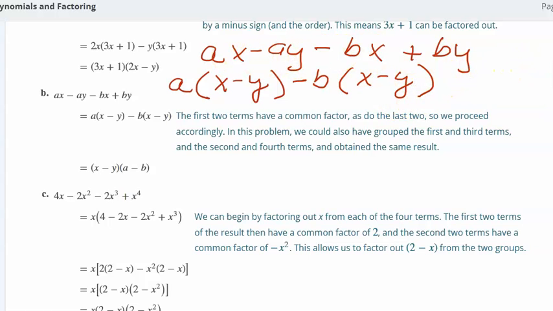They were 4 terms, and we took an A out of the first two, and again a negative B out of the second two to reverse the signs, and then they do it x minus y, and then A minus B. I tend to put these first, but it's fully acceptable either way. All right, let's go on to C.